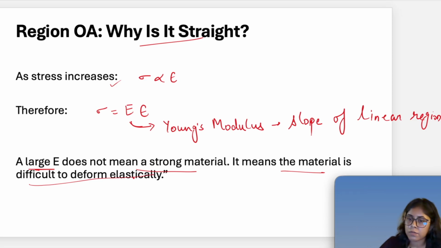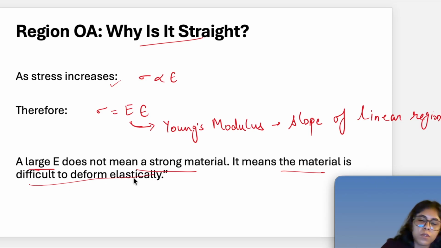So if E is more, the stress generation will be recoverable. This doesn't mean that it's a strong material. For example, we have rubber, elastic. Its E value is very high. We can stretch it very long, right? But it's not a strong material, right? So this is what a large E does mean.